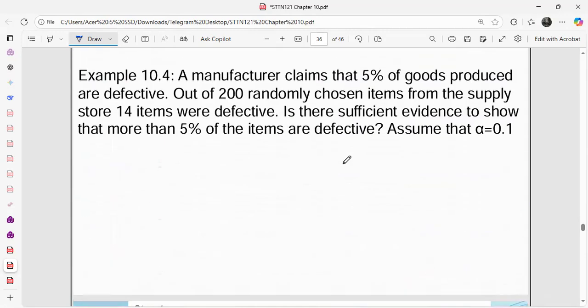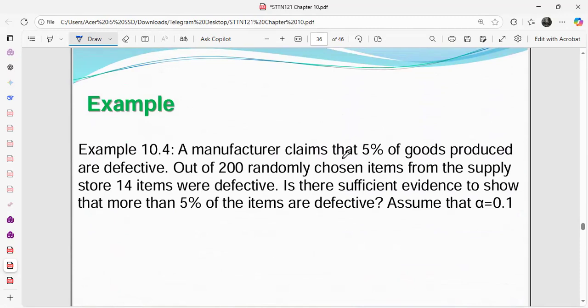So yeah, let's look at the question. A manufacturer claims that 5%, what is this 5%? This is the population proportion, the percentage produced that are defective.